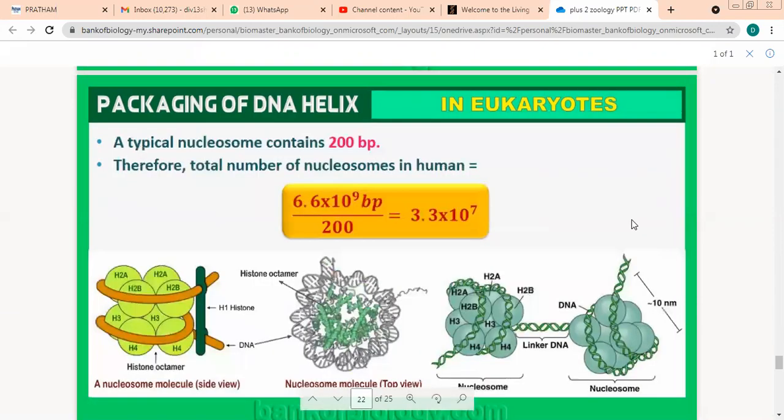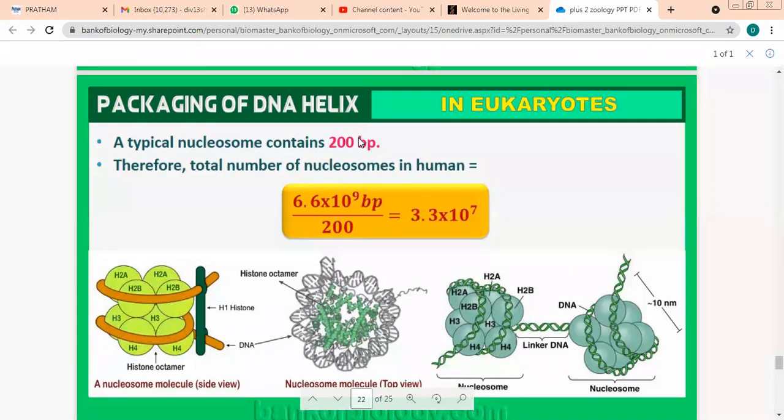See this. If you talk about a nucleosome, this is one nucleosome. It contains 200 base pairs. This can be important for a 1 marker question. How many base pairs in one nucleosome? 200. And we said that the total number of base pairs in humans is 6.6 into 10 to the power 9.